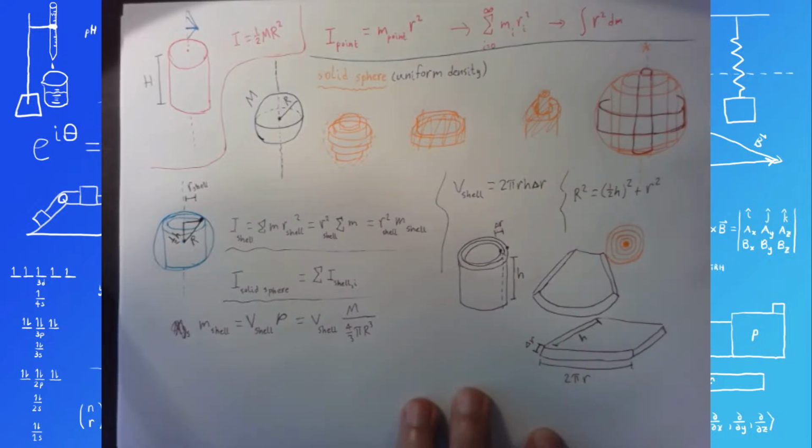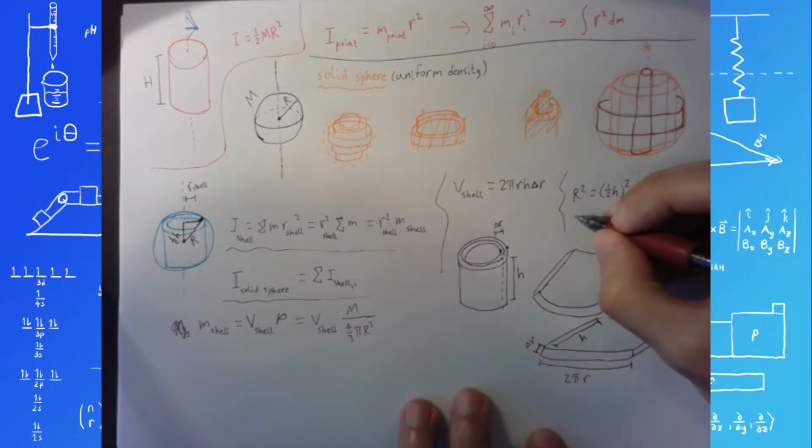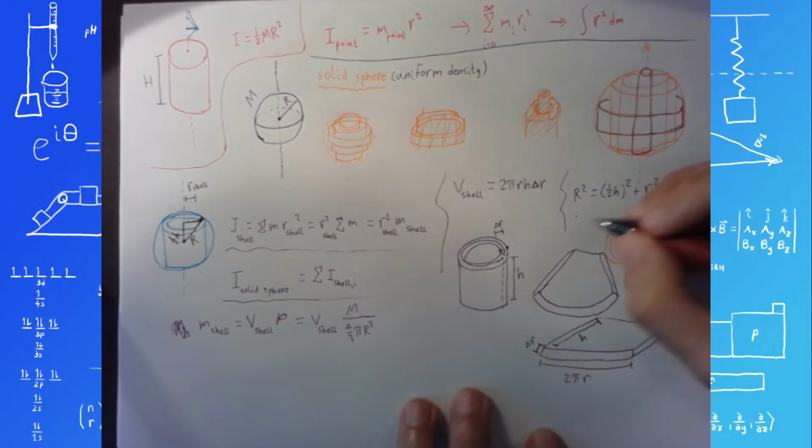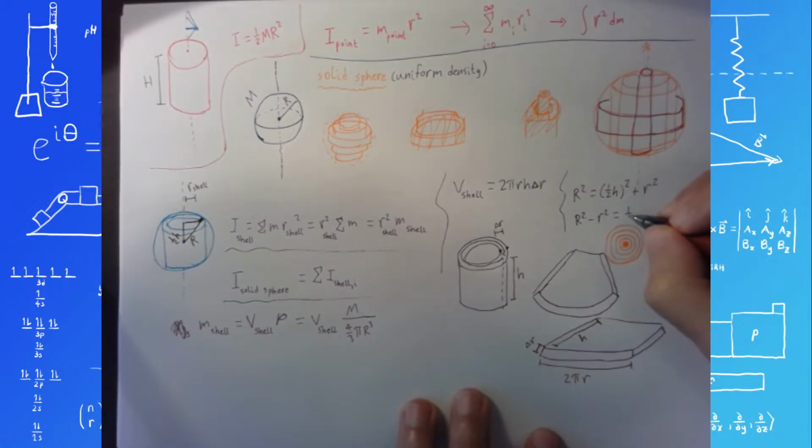And if I go ahead and try to solve this for h, then I get big R squared minus little r squared equals 1/4 h squared.